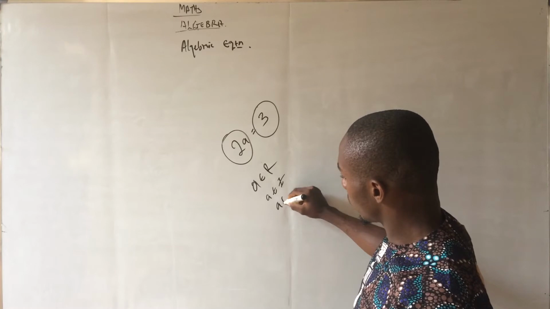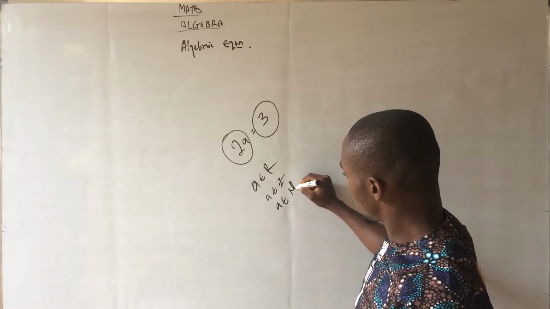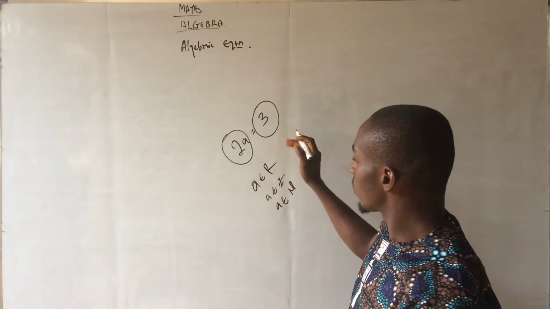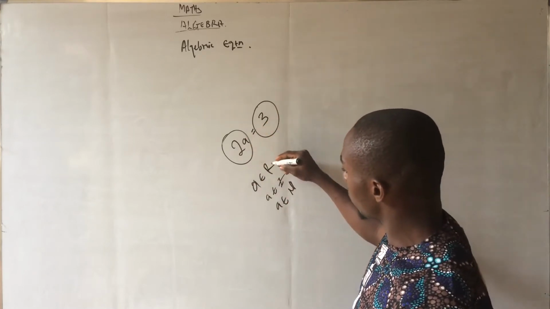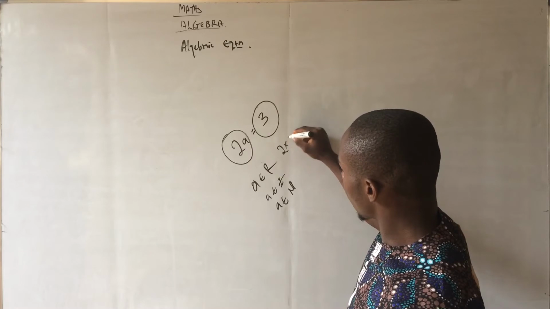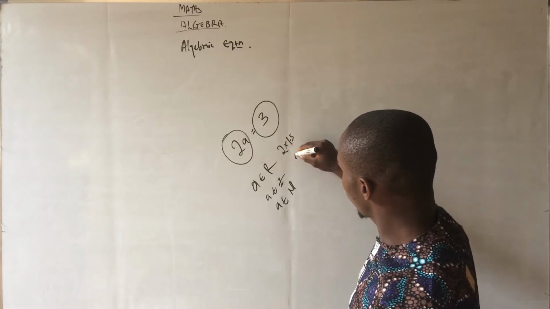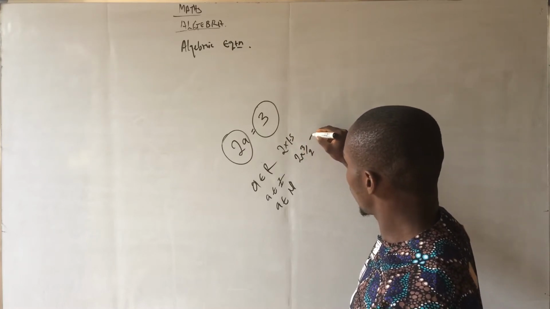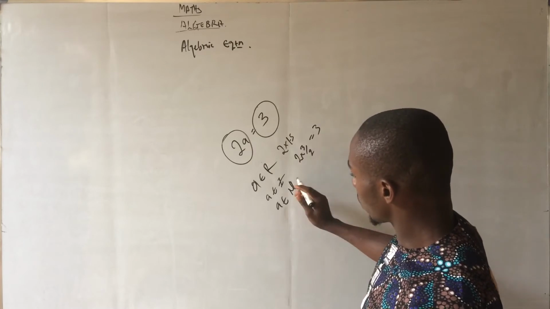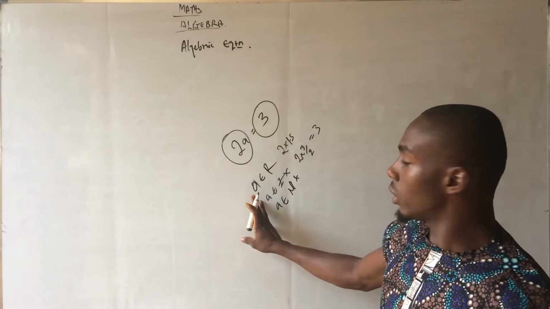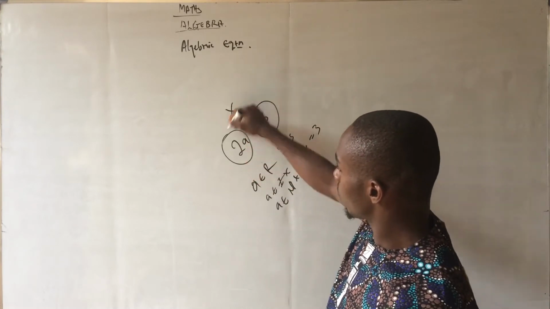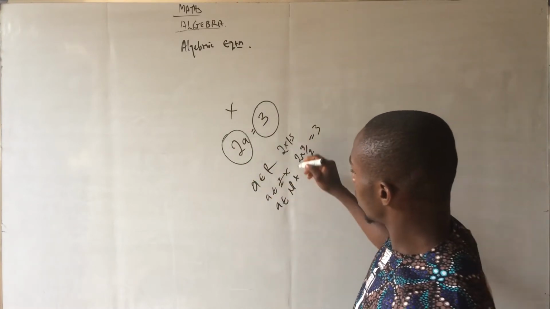If you are given this condition, there is nothing here that you are going to multiply with a to give 3, but there is something here: 2 multiplied by 1.5, or 2 multiplied by 3 over 2, will give you 3. But there is nothing here that is going to give you 3. So if we are given this condition, this is wrong.